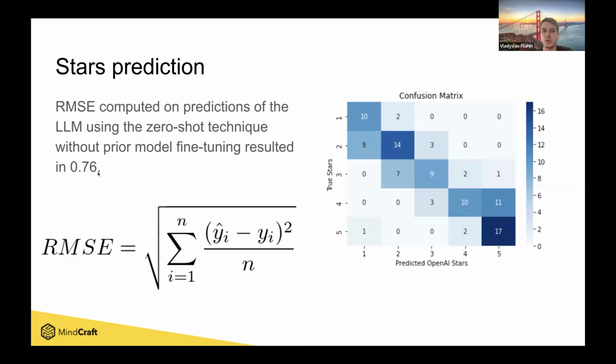One may say that it's not that close to 1, but for our test, having reviews and stars from 1 to 5, a ±1 star prediction is pretty fine. And we can see a more detailed distribution on the right, where we are pretty good at this, knowing that it's absolutely zero shot.